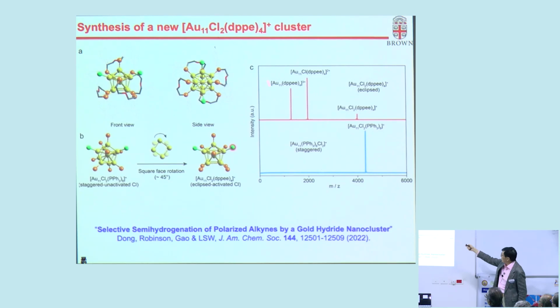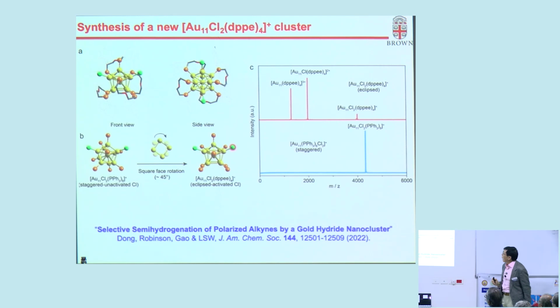If you do electrospray, in the new class that Jiao discovered, the chlorine can come off. So basically, you can have just a bare gold-11 cluster with 4 ligands. But in the previously known gold-11, the chlorine ligands are not labile. The structural change is very, very subtle, in the arrangement of the gold-11 atoms.